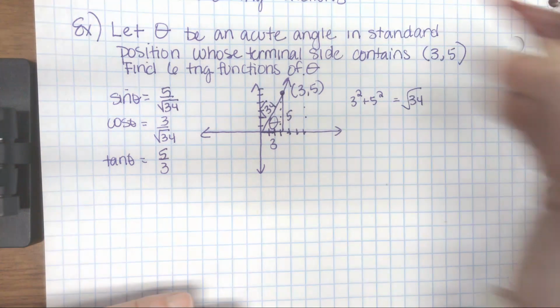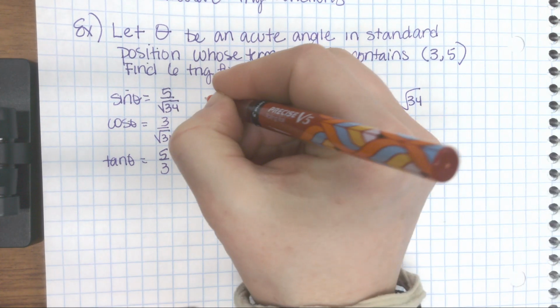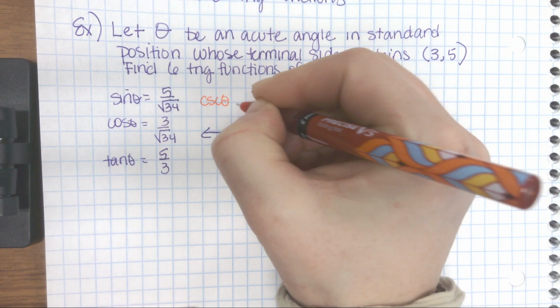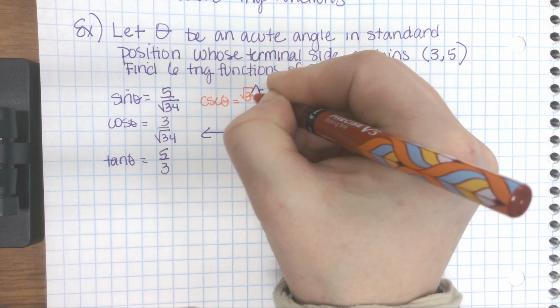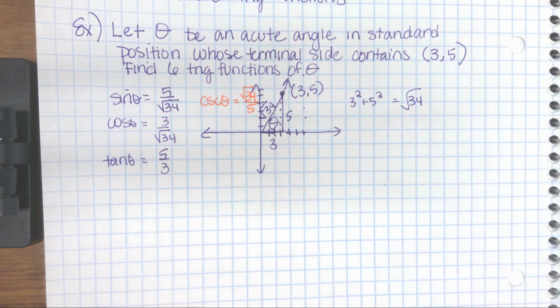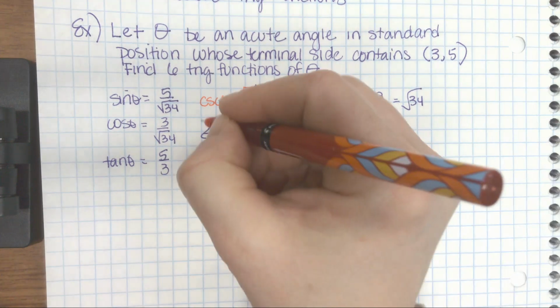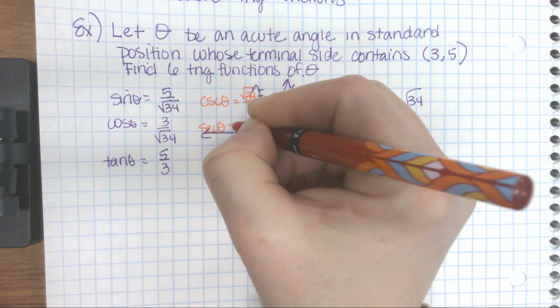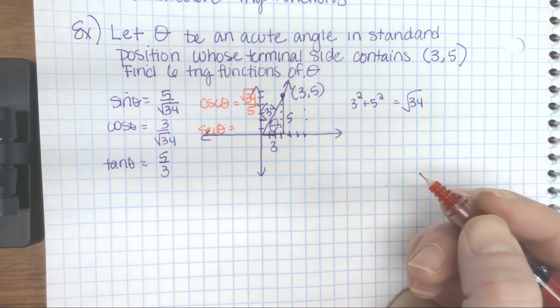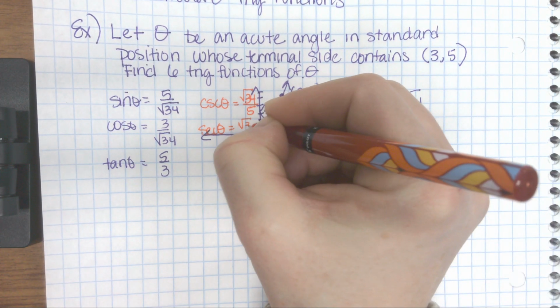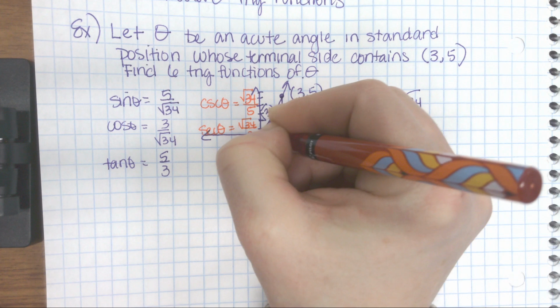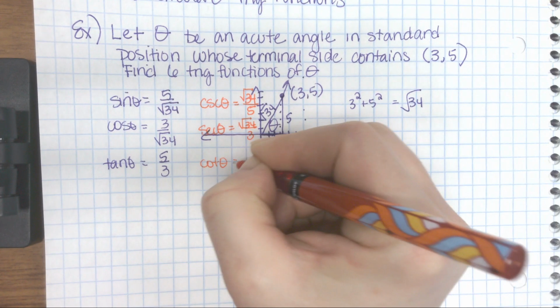The reciprocal of sine is cosecant, which would be root 34 over 5. Is this sounding familiar? Secant is root 34 over 3, and cotangent is 3 over 5.